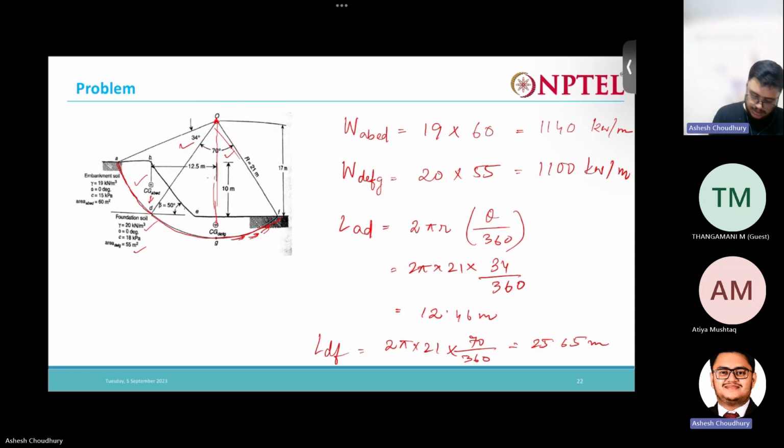What is C? C is 15 for one soil and 18 for the other.